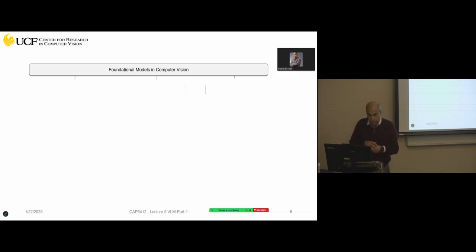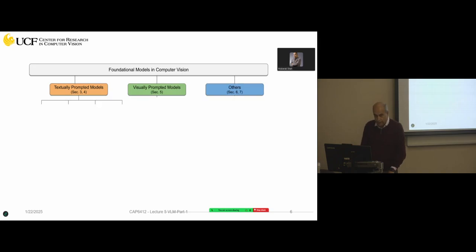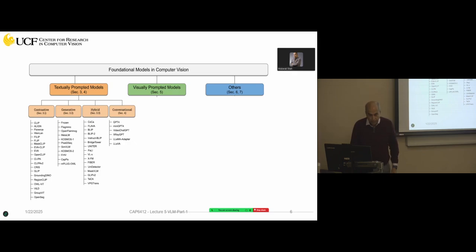Now, foundation models in computer vision: we have these textual prompted models, then we have visually prompted models, and we have others. In the textual prompted models, we talk about CLIP. CLIP is a contrastive model. You have a text and image pair. We want to look at which are positive pairs and make them closer in representation space, and which are negative, we make them far apart. So, contrastive. And we'll talk about other models also.